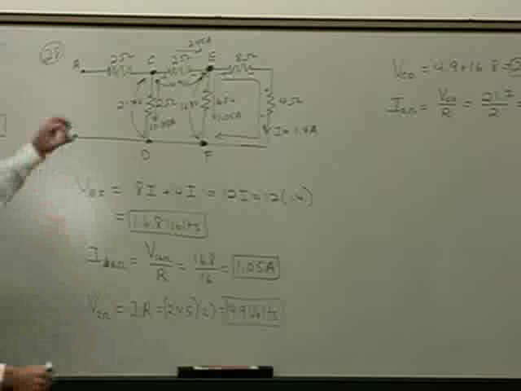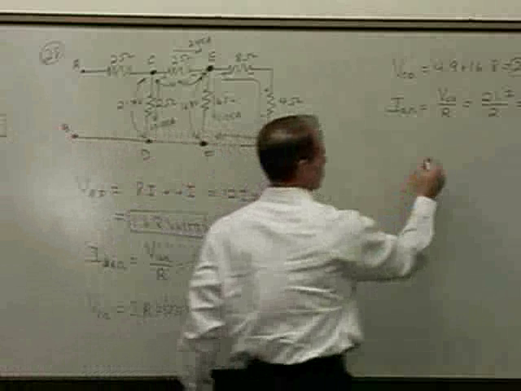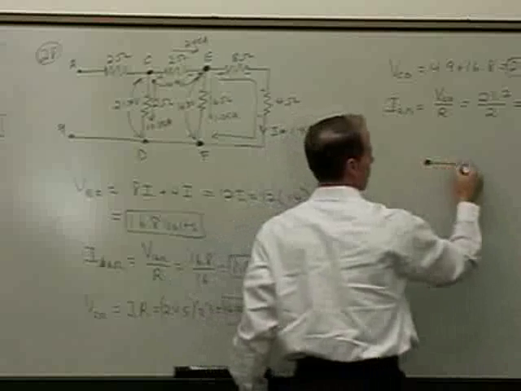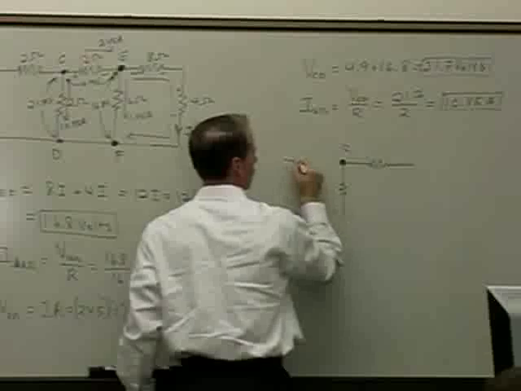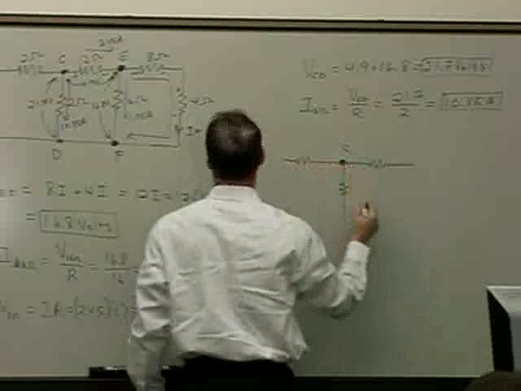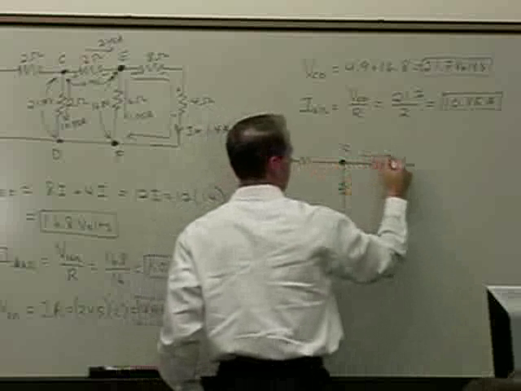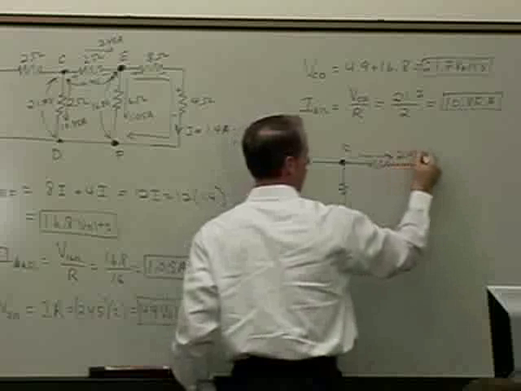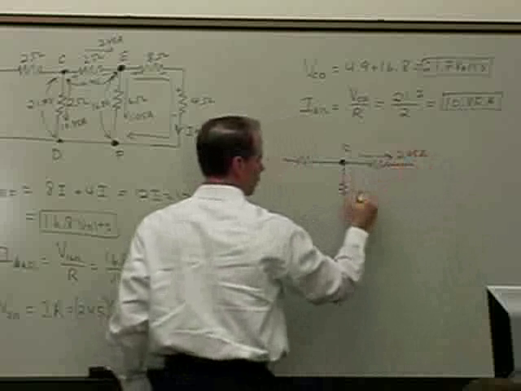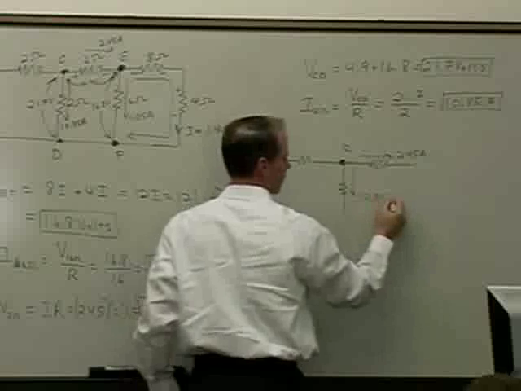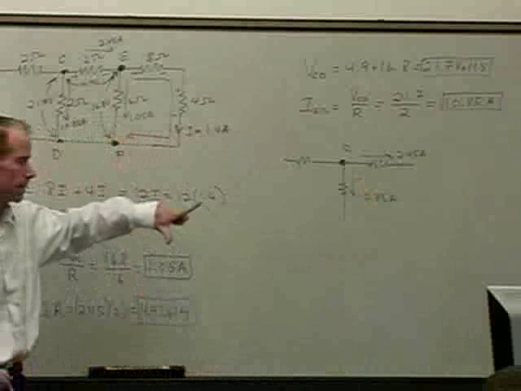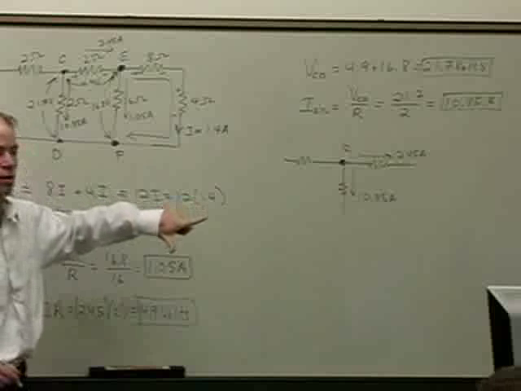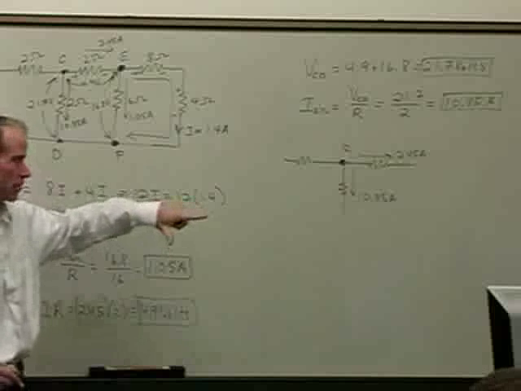But if we look at that junction C, let's rewrite it a little bit here. I've got 2.45 amps going this way. I have 10.85 amps going that way, out of that junction. So the current going into that junction must equal the sum of those two.